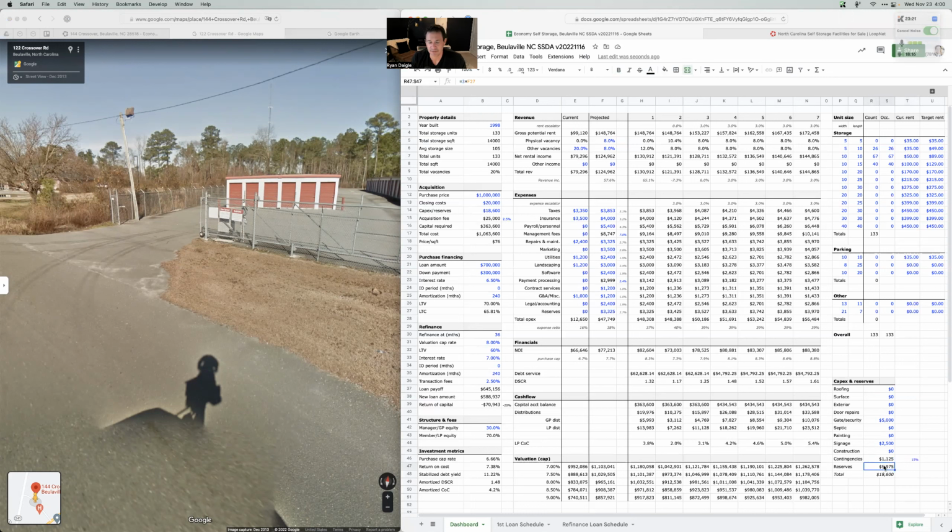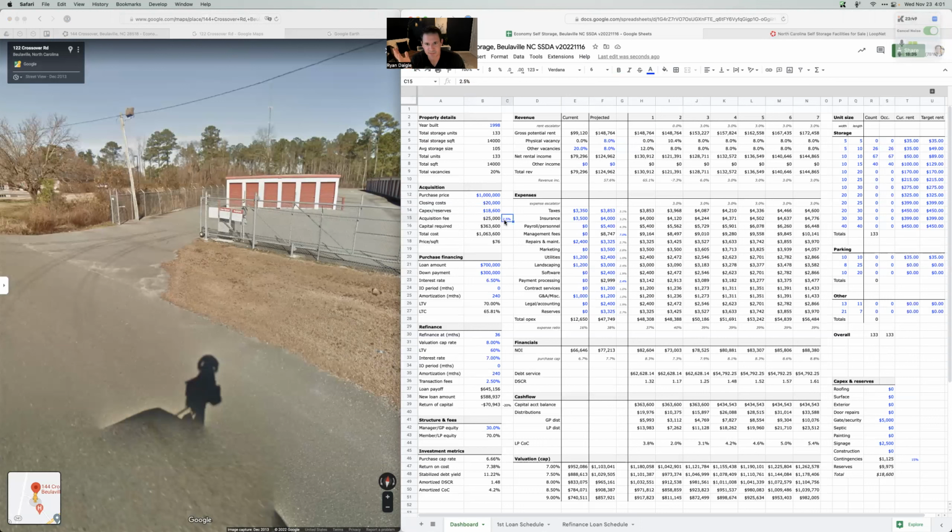And then reserves, I like to have 3 times my annual reserves on day one, just because stuff happens. We all know that. And I don't really want to be caught having to go back to investors or do anything like that. So that is where you would put your CapEx, and then that budget pops out right here to CapEx and reserves. These are costs you need to account for on acquisition.